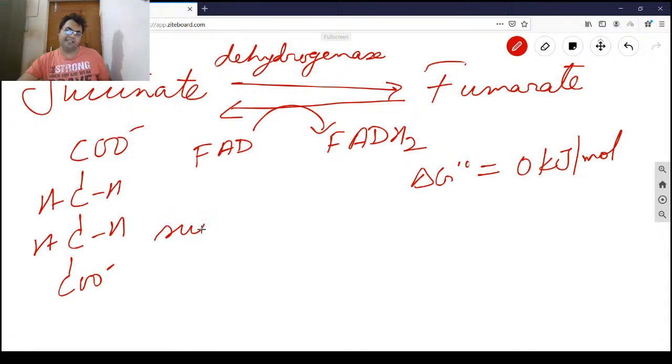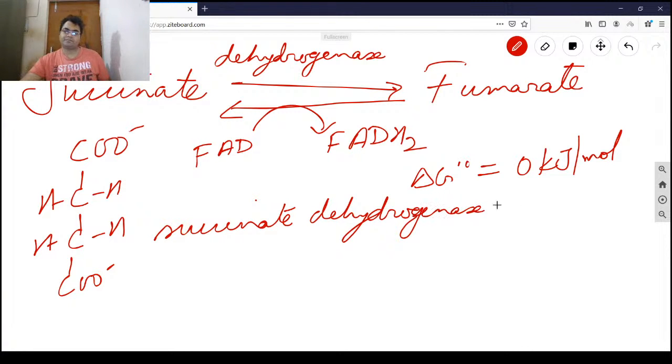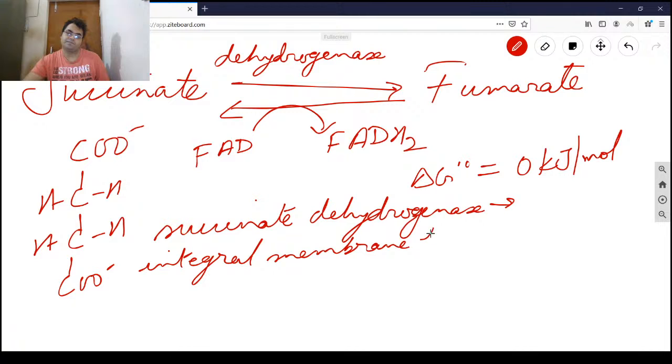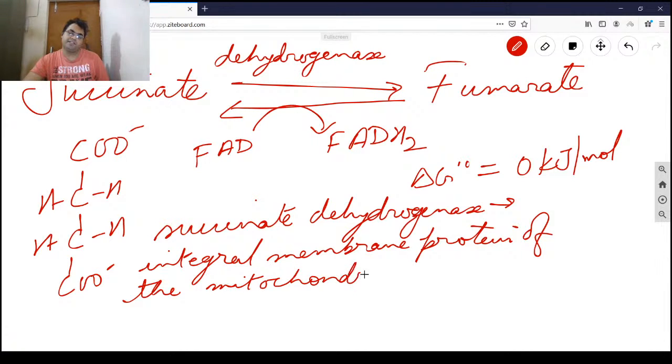This enzyme succinate dehydrogenase is an integral membrane protein of the mitochondrial inner membrane.